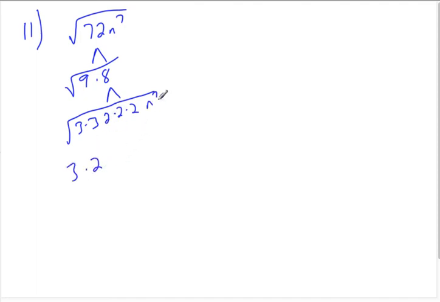We have 3 pairs of n's, so we have n, n, n, and then one's left over. So left over under here we got a 2 and an n, so it should be 6n cubed times the square root of 2n. Why am I writing diagonally? I am not sure, but that's okay. I have unlimited space here. So 6n cubed times square root of 2n is the answer.